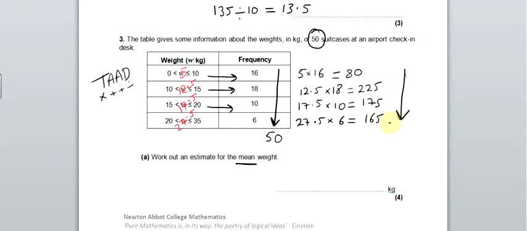So we've got 80, and we're adding 225, and we're adding 175 and 165, and they all add up to 645. So that's our adding, and now we finish off with the divide. 645 divided by 50, and that gives us a grand total of 12.9, and that's our mean, that's our average.